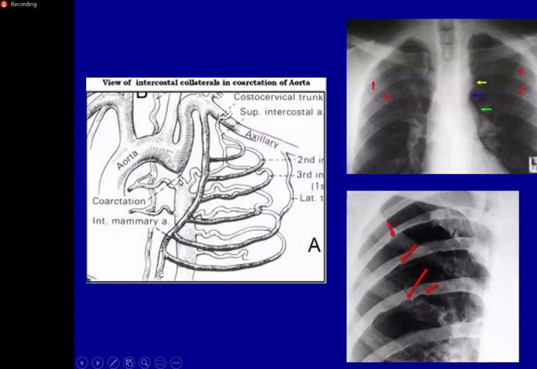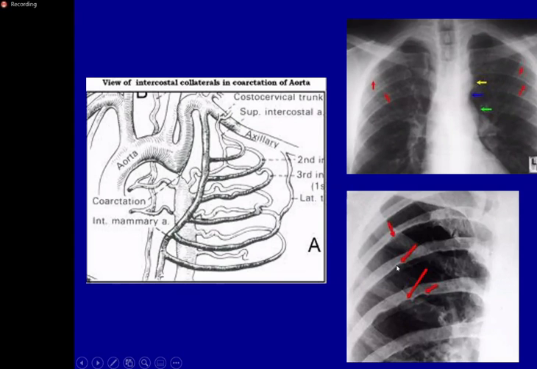Now what happens is you can see this part is there, but you know the subclavian and then the intercostal arteries are there. Now these come partly downwards and connect to the subclavian. So they will begin to feed these anterior parts, and then you can see collaterals developing, or the intercostal vessels begin to enlarge.